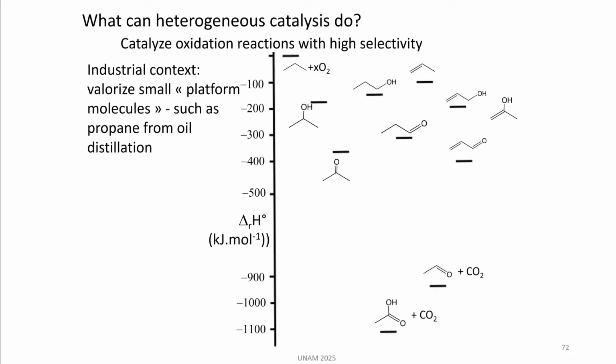Another thing that heterogeneous catalysts are very good at doing is selective oxidations. Now, in this case, heterogeneous catalysis can be very selective. I'll give you an example here, and it's a transformation of propene or propane in the presence of O2. And here are some of the possible outcomes of these reactions on the G0 scale.